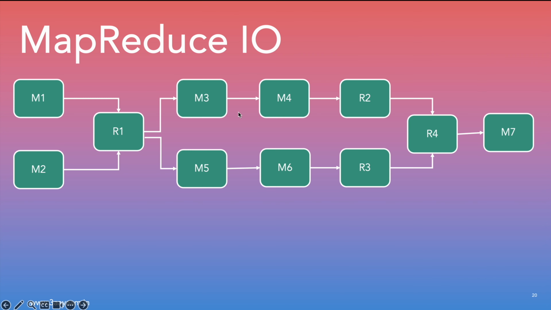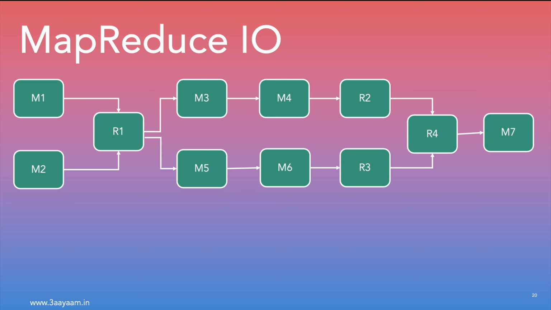Now imagine I have a complex MapReduce job like this, which I can do, right? I've shown you how to create the steps, how to run the steps, etc. So let's say I have two mappers and then one reducer, and this upper MapReduce task, mapper reducer, and then the lower line also contains mapper reducer, and then reducer, finally mapper, where the IOs would be. I'm not showing you the input and output files.